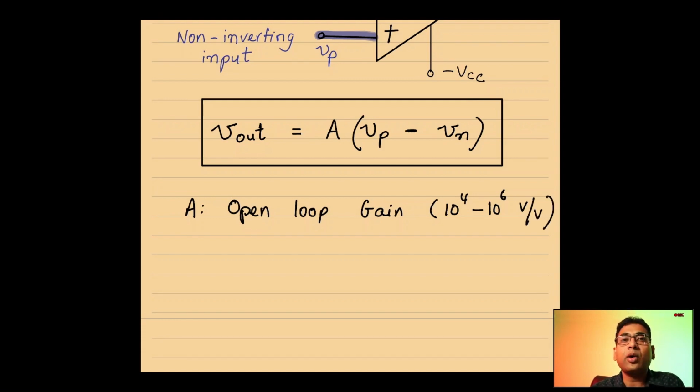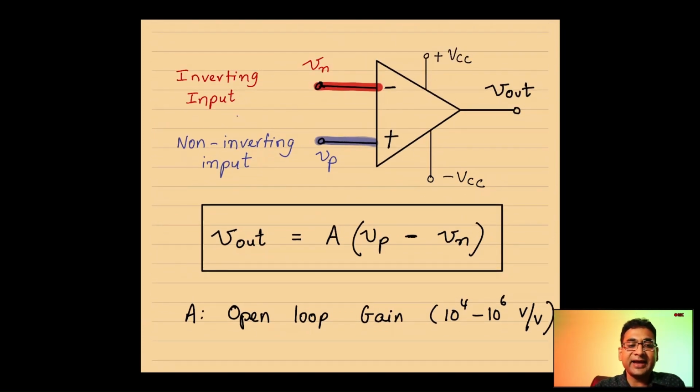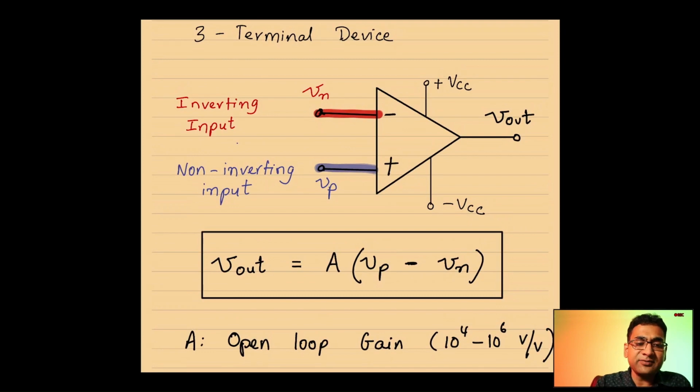It's called the open loop gain factor. In the open loop configuration, we like to show the open loop gain as a term A. So, for a 3-terminal device, the operational amplifier, the difference between VP and VN is multiplied by A. That forms your output. That's all there is to it.